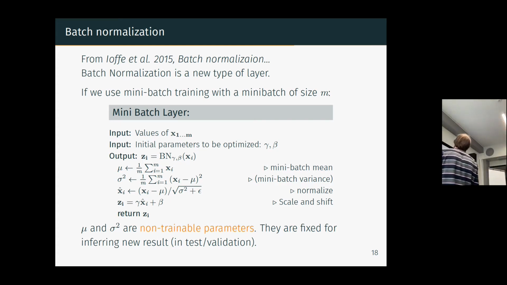It is also a way to regularize the training, because this mean and standard deviation depend on the batch you are considering and optimizing at the moment. So it adds a bit of noise in the process. It's a bit more complex, but very efficient.